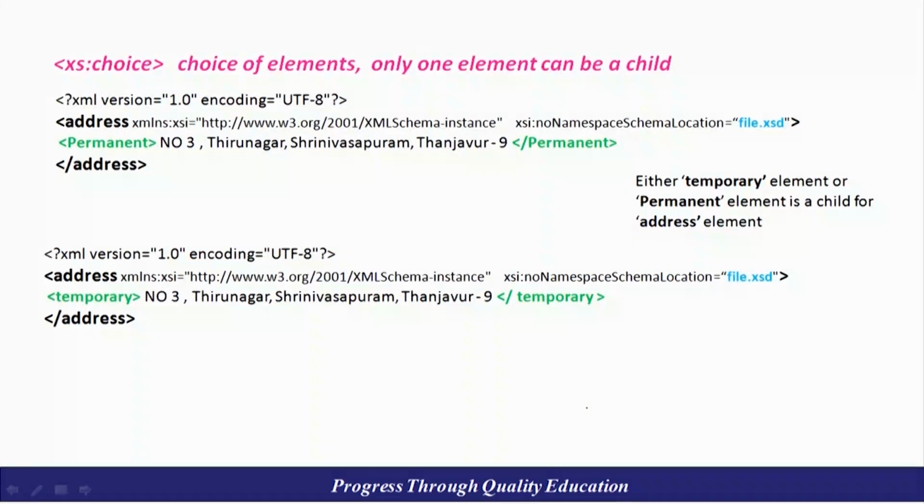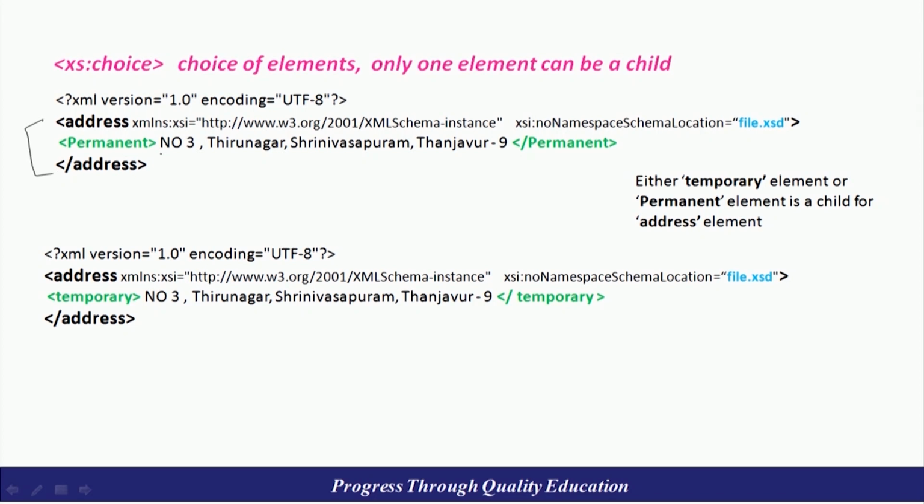Choice. In the choice, only a list of elements can be given, in which one particular element will be a child, not all. Either temporary or permanent address will be a child element. Look at this example. I have given an address document.